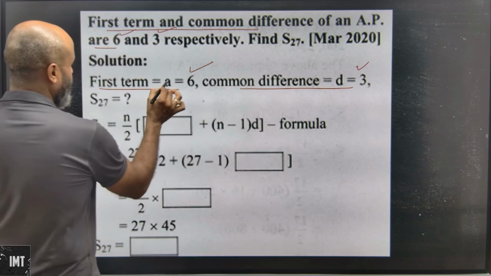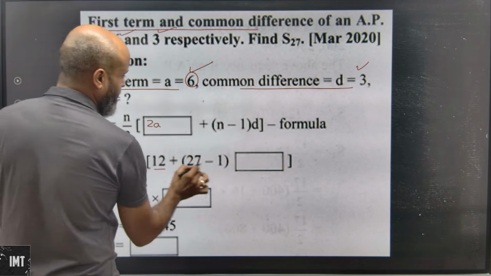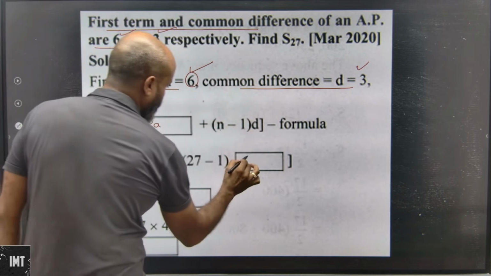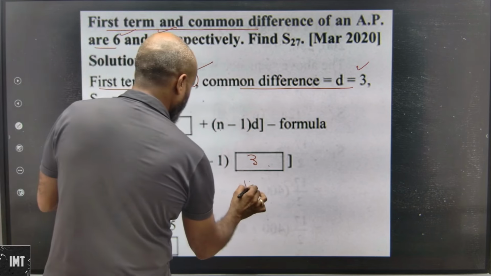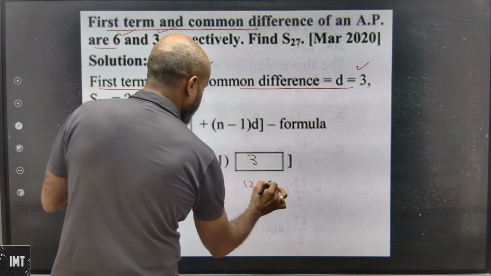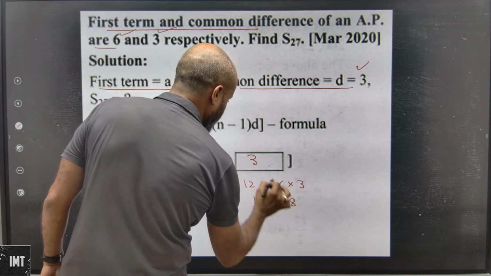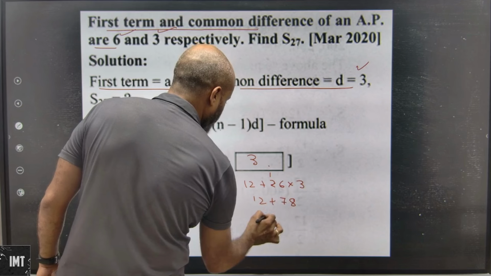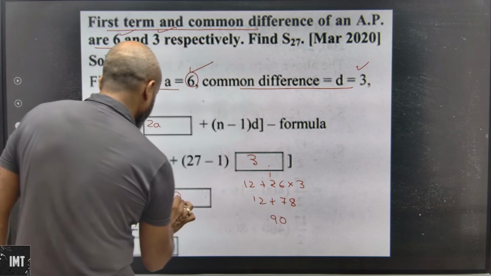So we have 2a, which means 2 into 6, that is 12, and 27 minus 1 into d. The value of d is 3. So what we will have here is 12 plus 26 into 3. That gives you how much? 12 plus 78, that is 90.